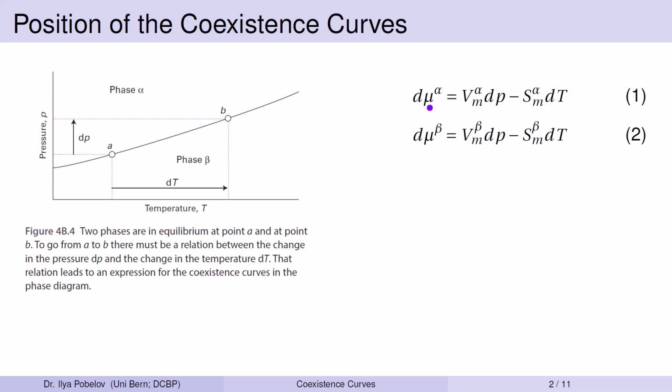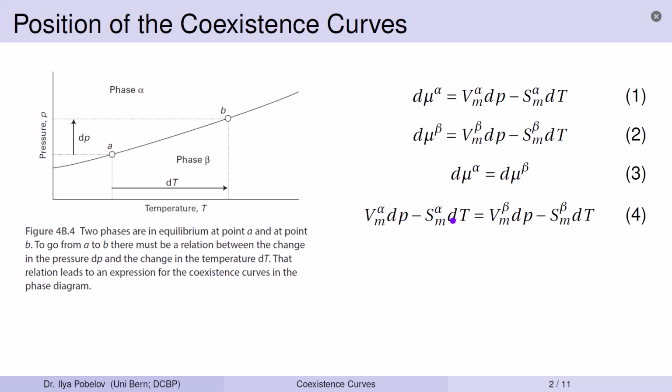When two phases are in equilibrium, their chemical potentials are equal. Thus, for any infinitesimal change in pressure and temperature that keeps the system in two-phase equilibrium, the changes in chemical potential for both phases must be the same.